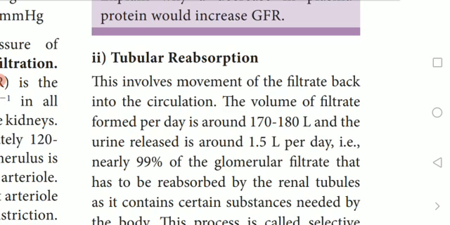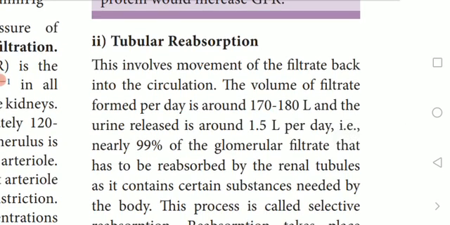Ultrafiltration, just mark it 2 marks, and there is another 2 marks, GFR. GFR, glomerular filtration rate, is the volume of filtrate formed per minute in all nephrons of both kidneys.